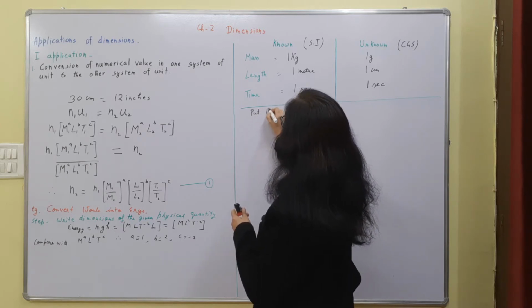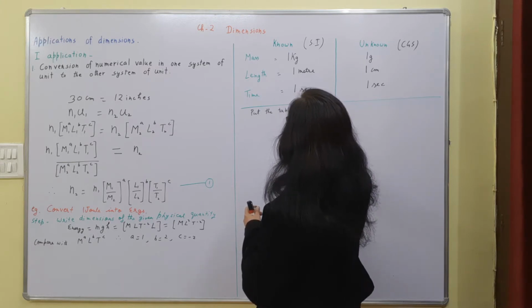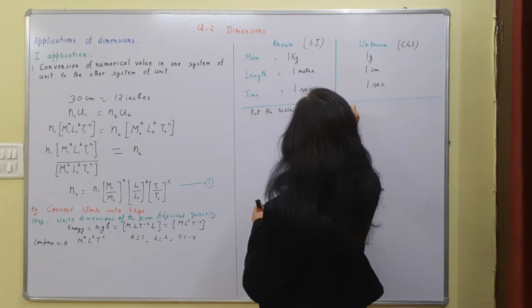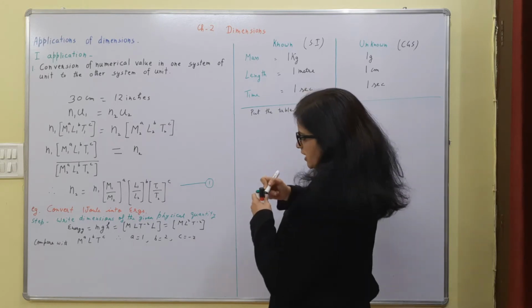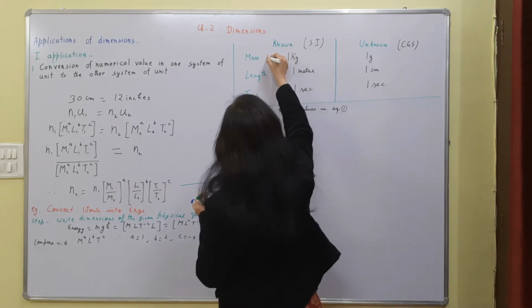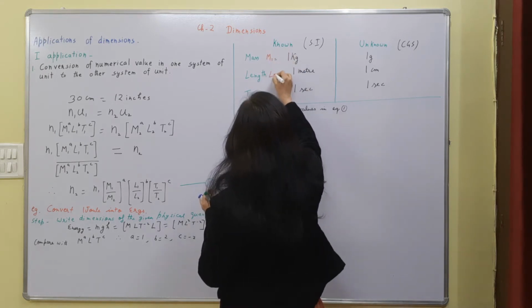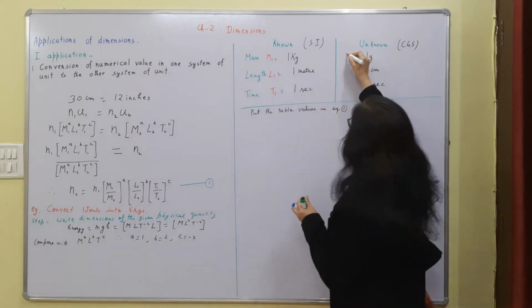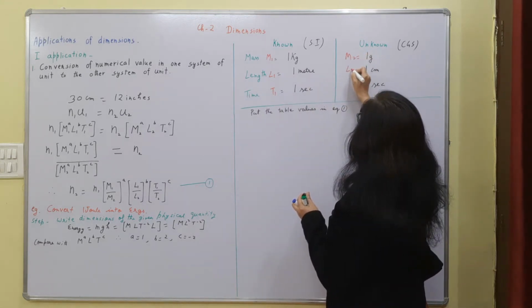Put the table values, and these table values are actually M1, L1, T1, this is M2, L2 and T2.